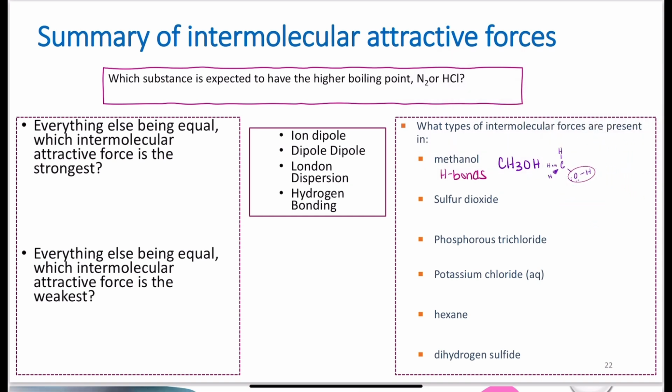If I look at sulfur dioxide, it's very similar to water in structure. Sulfur dioxide, let's see, 18 valence electrons. When I look at the sulfur in the center, what is the hybridization here?